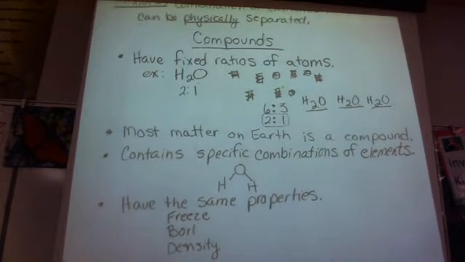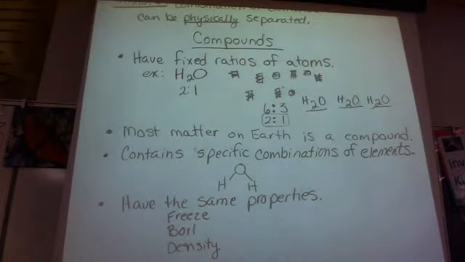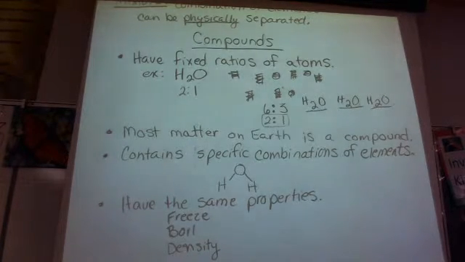Okay? So it doesn't matter if I have a cup of water here in Idaho, or a cup of water in Florida, or a cup of water in Egypt. All the water is the same. It's H2O, and it's arranged the same way. It's all going to freeze at sea level. Okay, altitude's a variable. But when the variables are the same, they're all going to freeze at the same temperature, boil at the same temperature, have the same density. Okay. All right, next one.